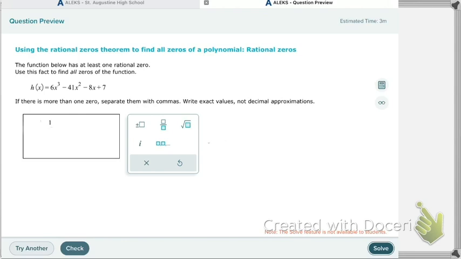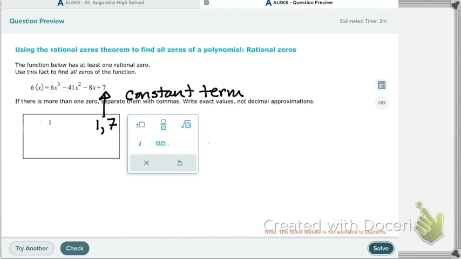What is one of these? One of these is I take the constant term, all right, that's the term without a variable. And I look at all of the factors of the constant term, including 1. So 1 is a factor of 7, and 7 is a factor of 7.